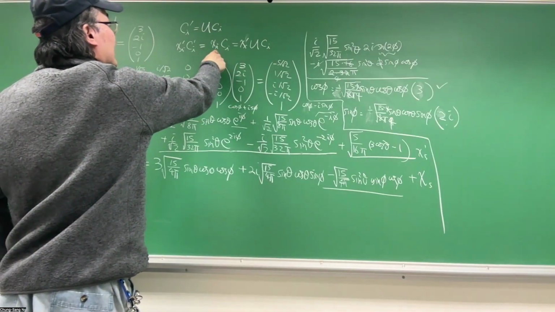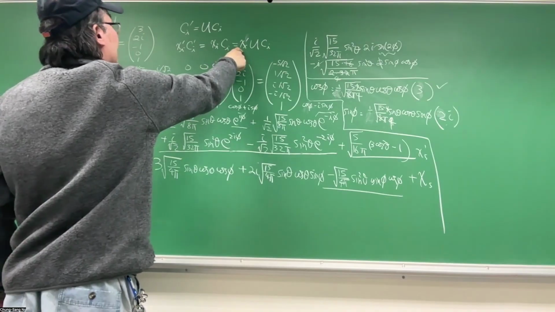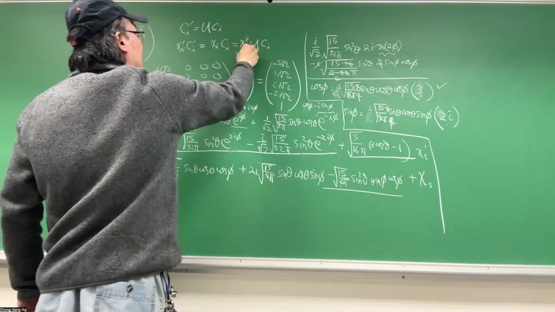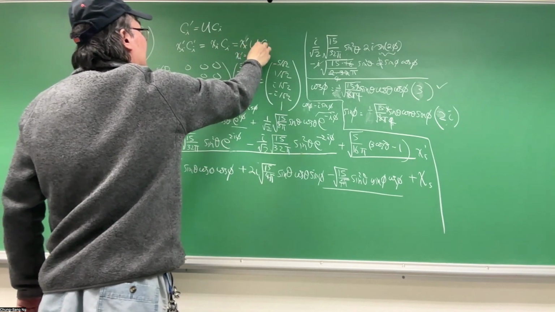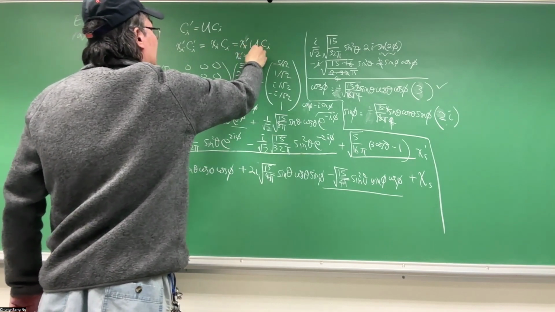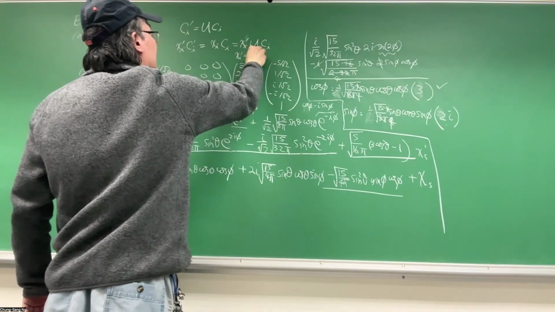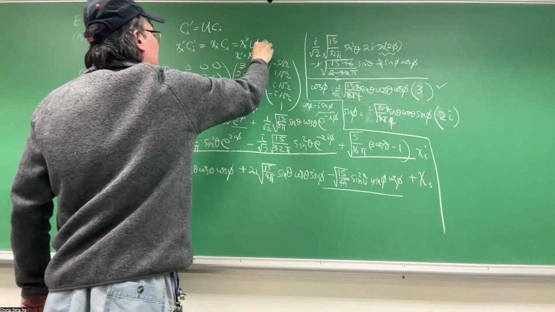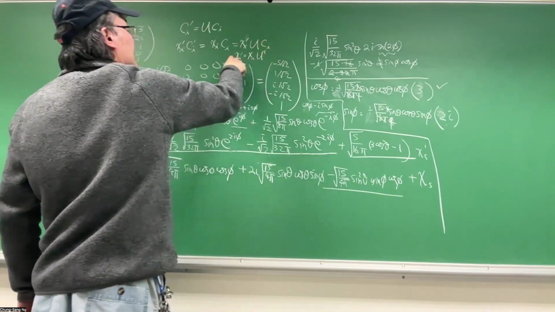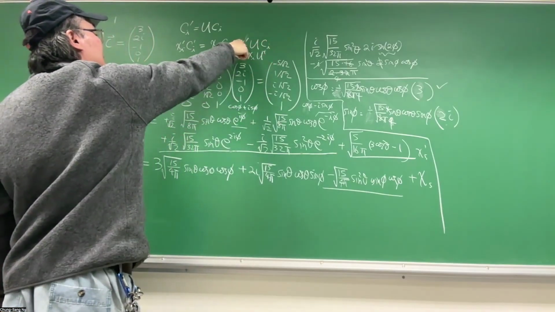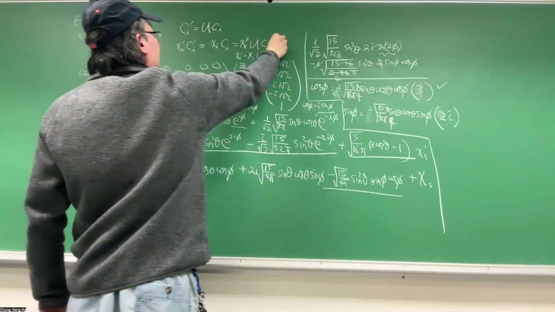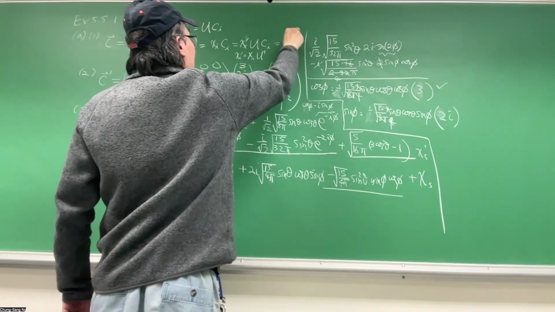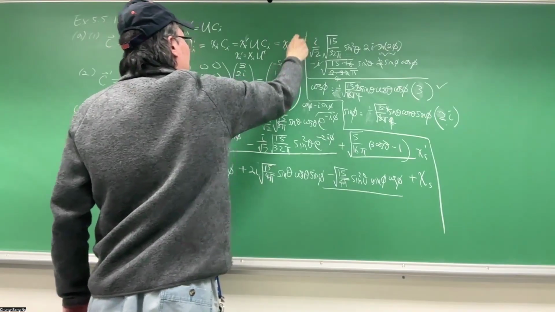You want to transform chi psi as chi U inverse. You substitute this into that, and now that becomes chi U inverse U C.